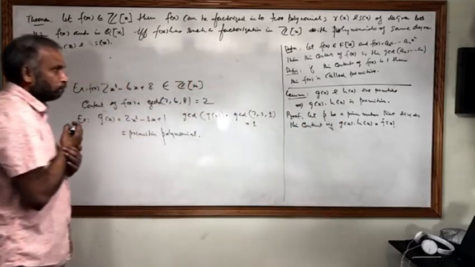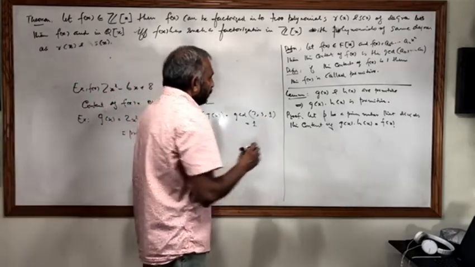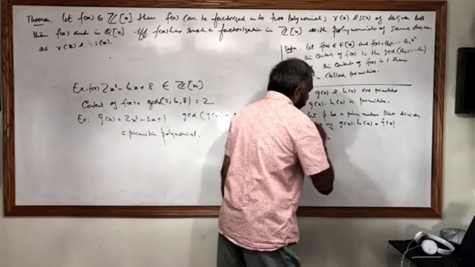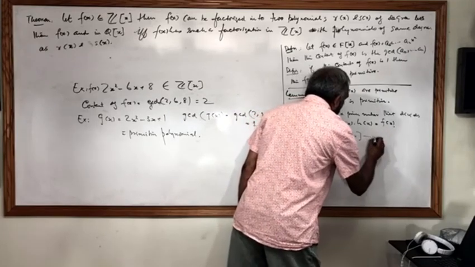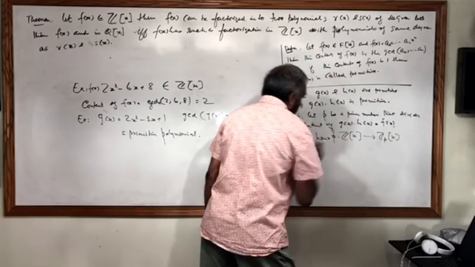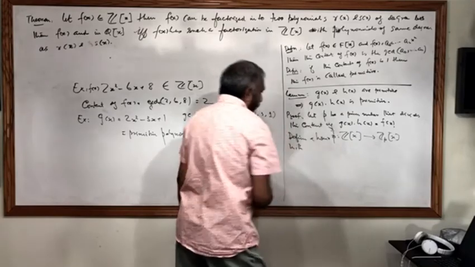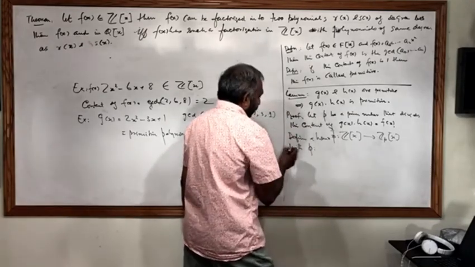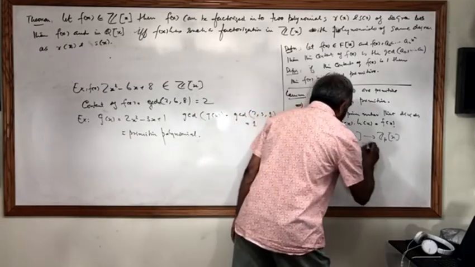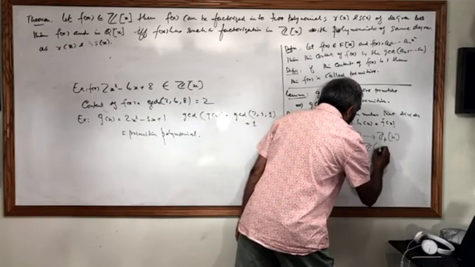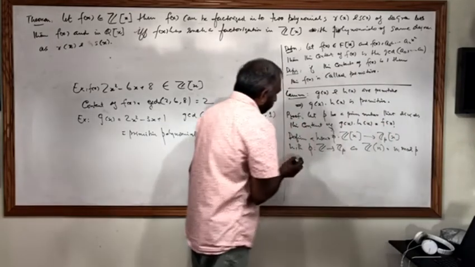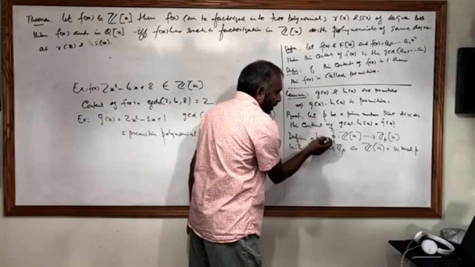Now we'll define a homomorphism from Z[x] to Zp[x], let us call it phi bar, with another function phi from Z to Zp given by phi(n) equal to n mod p. See, the definition of phi bar is like this.